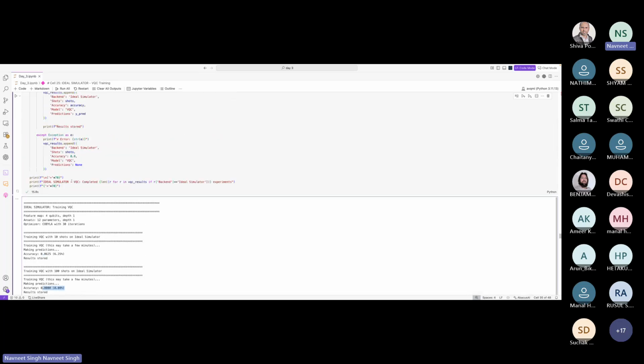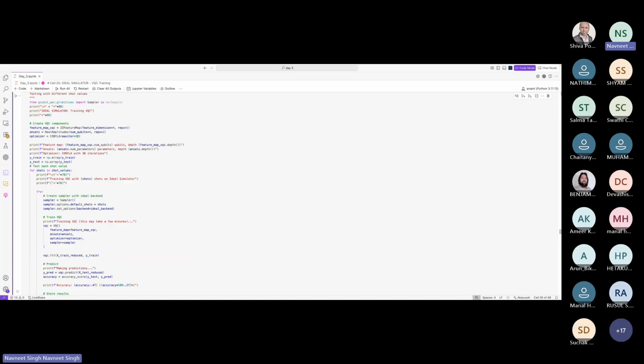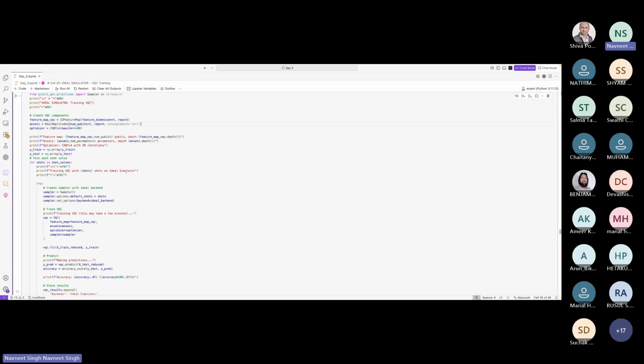So you can test it by changing the number of iterations to maybe 100. We can increase the number of repetitions to 6, and similarly here also we can increase the number of layers to 6, and it will take a lot of time.